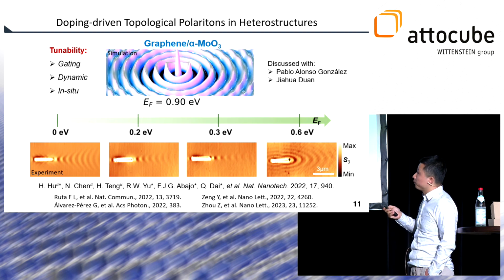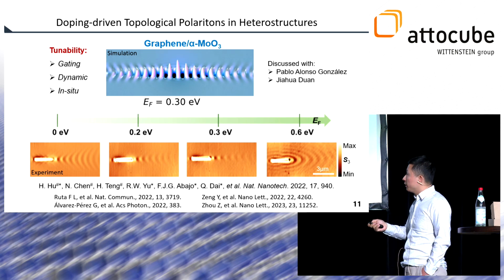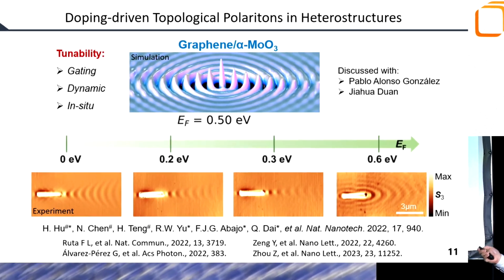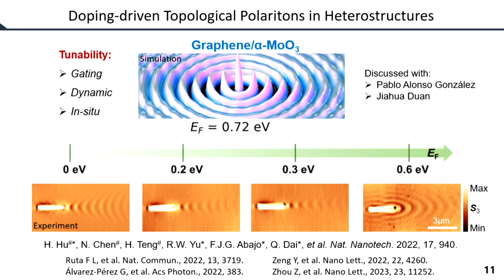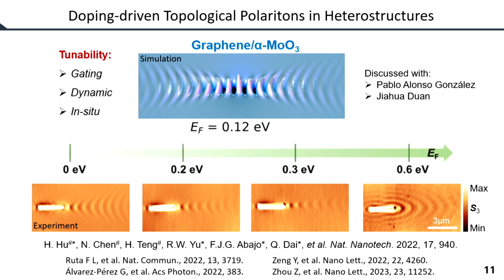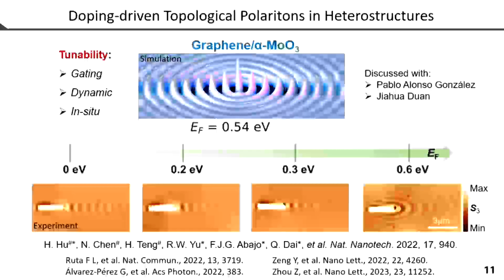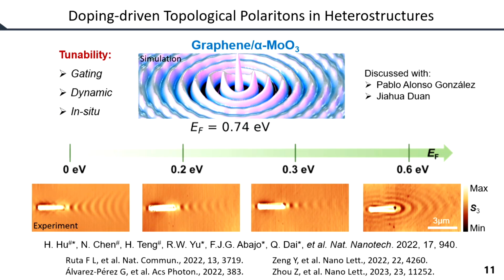And there are some simulations and experimental results in real space, right? You can see when we increase the graphene energy, how the electric field distribution of these polaritons changes to the hyperbolic, and there are some concave modes to the elliptical mode, okay?